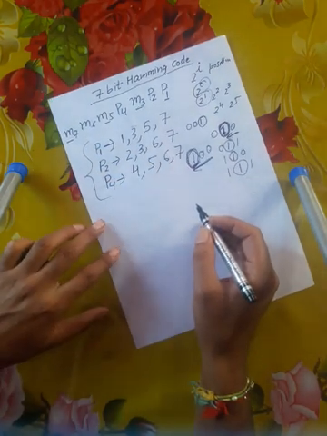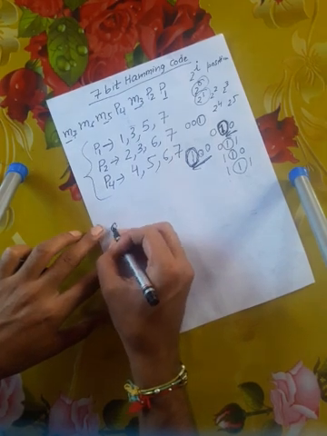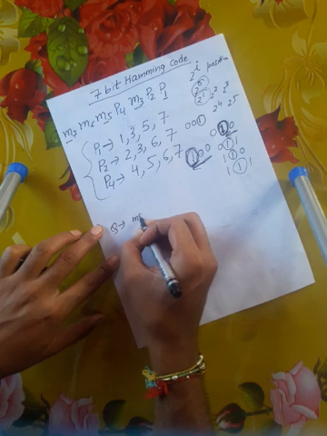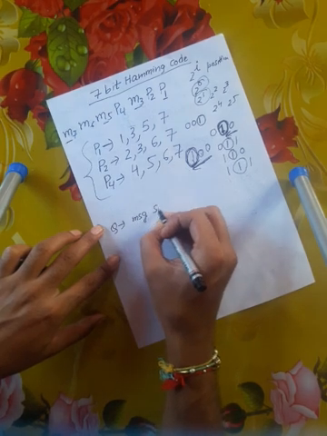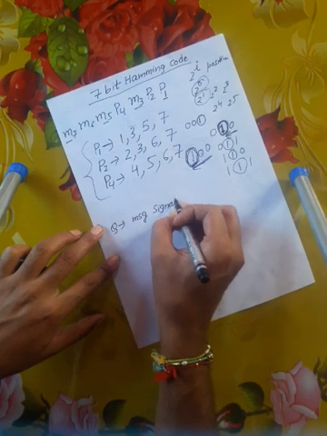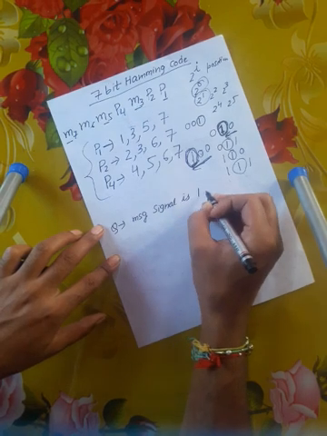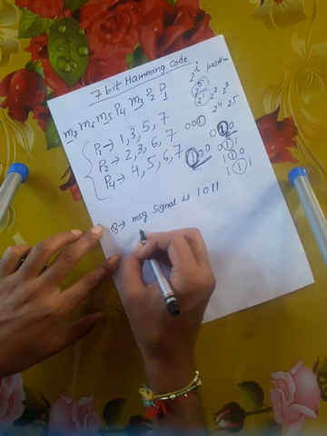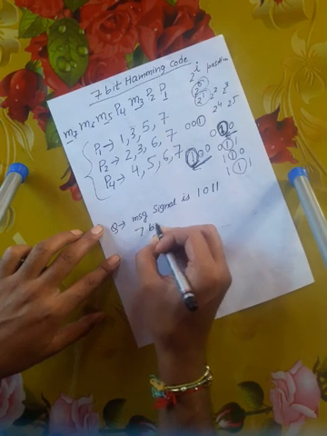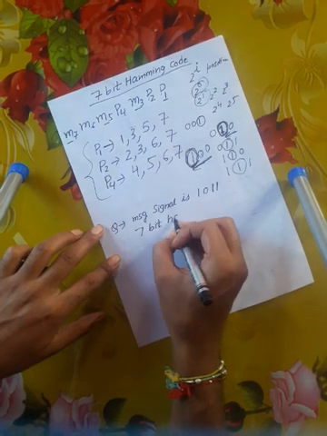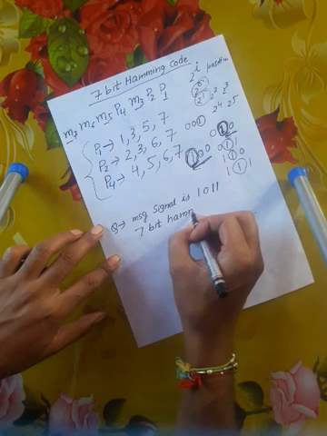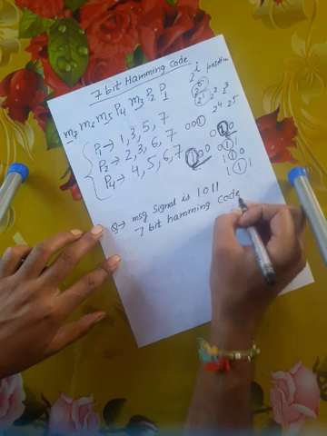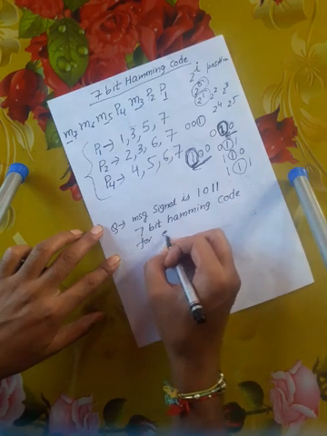Now suppose this is your question. Suppose the message signal is 1011, and you have to determine the 7-bit Hamming code for even parity.